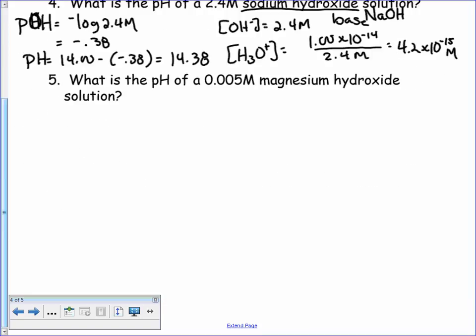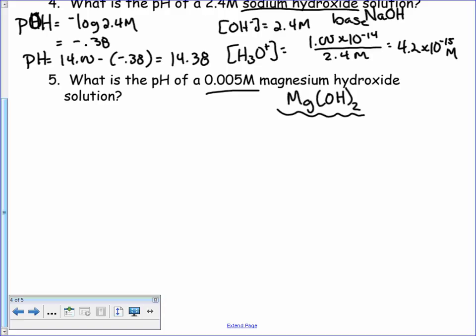All right. Now we have magnesium hydroxide. The formula for magnesium hydroxide is Mg(OH)2. So this dissociates into more than one hydroxide ion. This concentration is for the magnesium hydroxide.